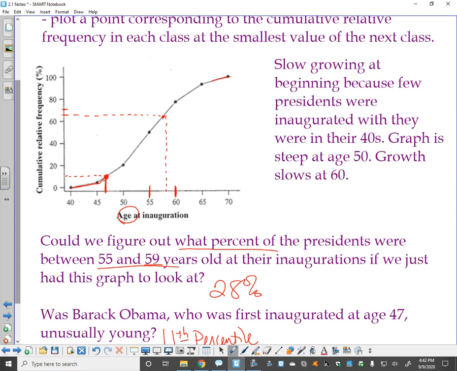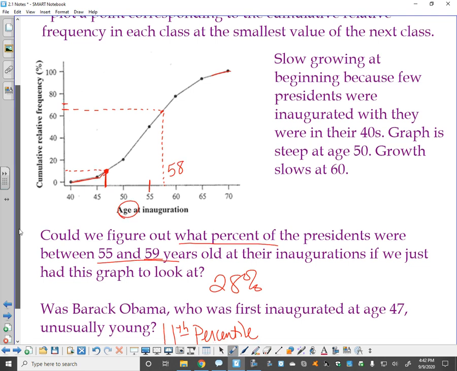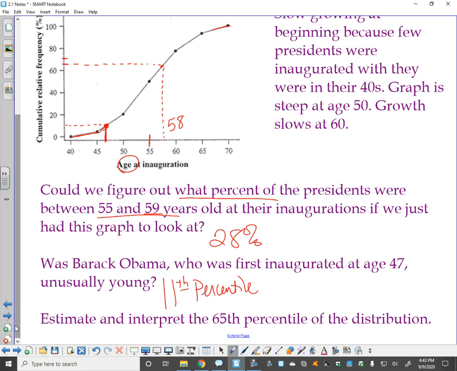Hold on. Let's try that again. There we go. 55 and 60. So I'm going to say, I don't know, 58. Okay. Estimate. That's why they're not going to split hairs. If you pick 57 and I pick 58, it's okay.